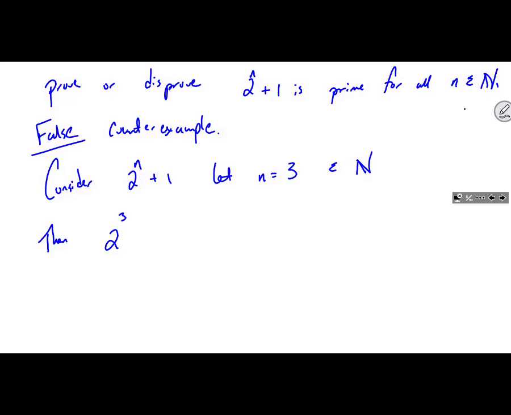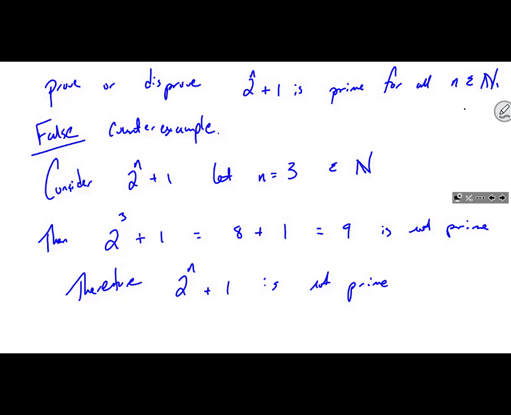Then 2 to the 3 plus 1 would be 8 plus 1, which is 9, is not prime. Therefore, 2 to the n plus 1 is not prime for all natural numbers n. It may be true for some n, but not for all n.